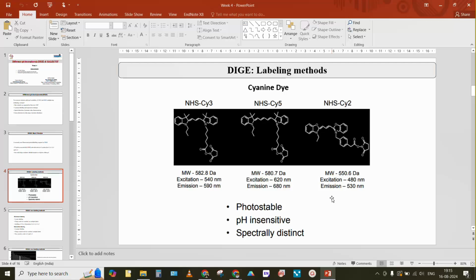Cy3 excitation is at 540 nanometers and emission at 590 nanometers, and Cy5 excitation at 620 nanometers and emission at 680 nanometers, as you can see in the slide. Cy2 excitation is at 480 nanometers and emission at 530 nanometers. These dyes are photostable, pH insensitive and spectrally distinct.